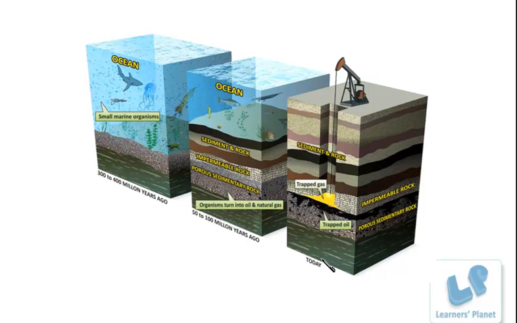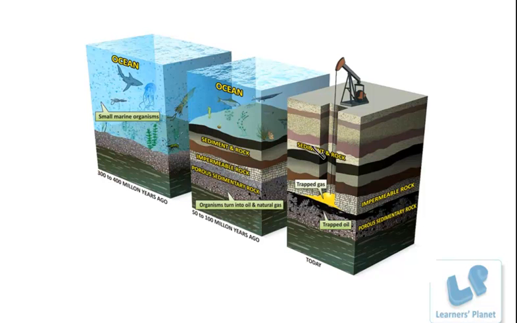This oil and natural gas rose through the porous rocks such as sandstone. Petroleum and natural gas reached a layer of impermeable rock and were trapped below it. See, oil and natural gas rose from these porous rocks and were trapped in this impermeable rock. And then they were drilled from there.